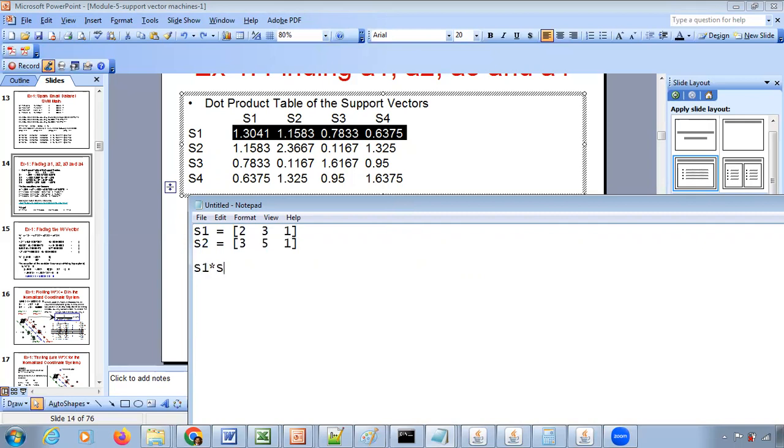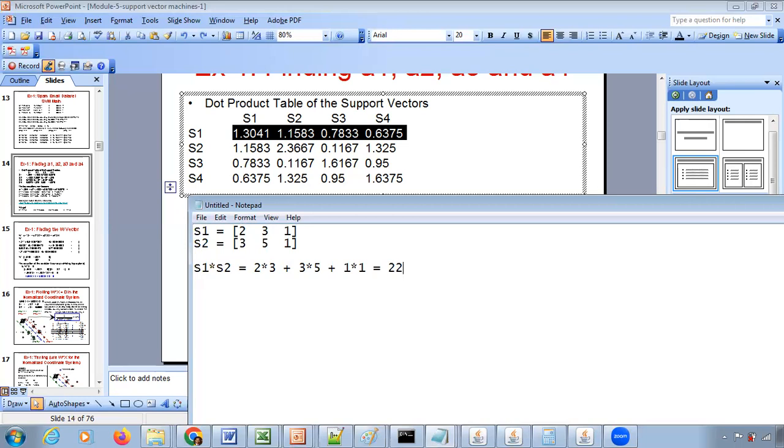Then S1 times S2 is going to be, just do term-wise multiplication and add them up. So it's going to be 2 times 3 plus 3 times 5 plus 1 times 1, as simple as that. The resulting sum is the dot product. So this is 6 plus 15 plus 1, that's going to be 22.